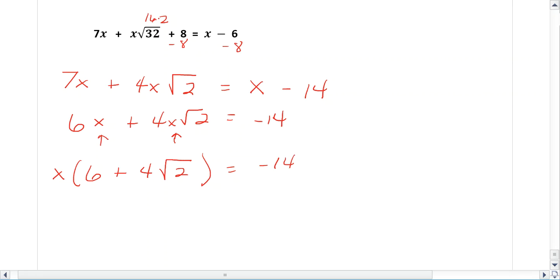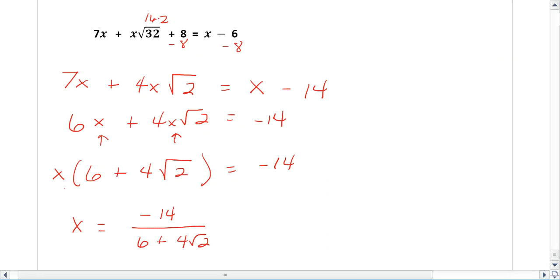So when you're solving for a variable and it's in both of the terms, please remember to factor it out, pull it out in front. So now to get this x alone, I need to divide both sides by this binomial. So we get x is negative 14 over 6 plus 4 square root 2.